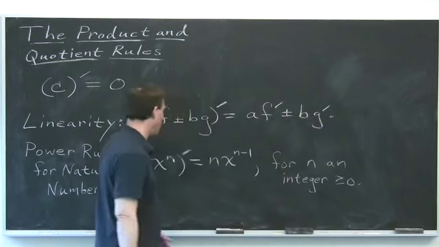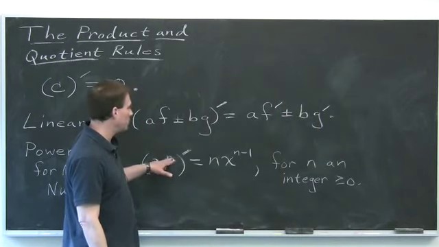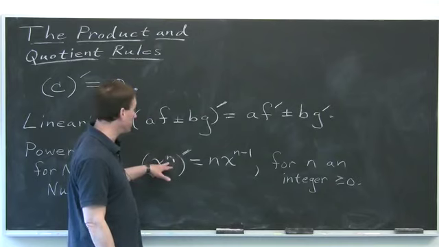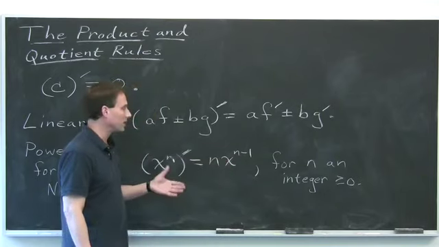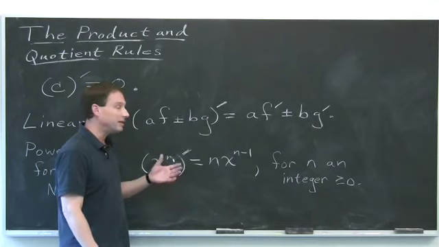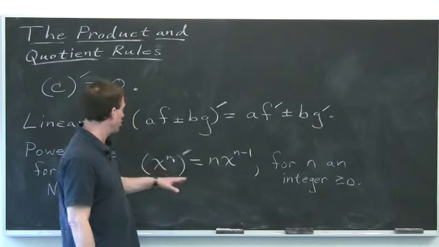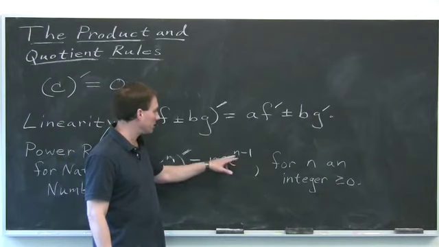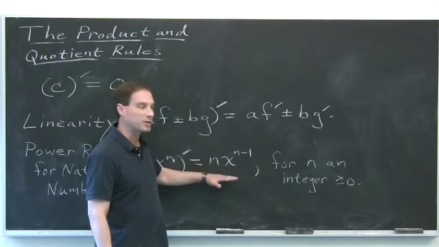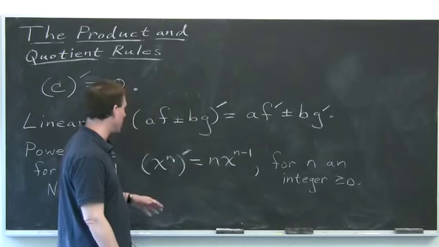But yeah, when n is 1, and you have x to the 0 over here, you need to interpret x to the 0 as meaning 1, even if x is 0. And when n is 0, you'd get 0 times x to the minus 1. You need to interpret that as being 0, whether x is 0 or not.